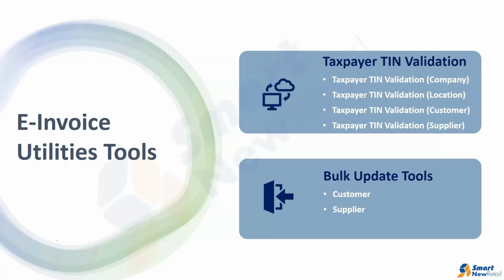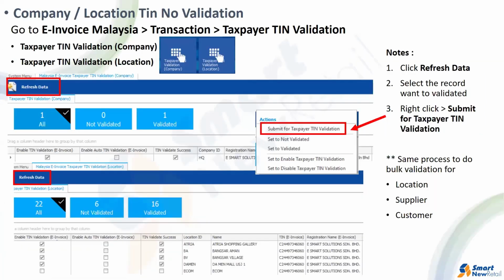All right. Now we have some utility tools that you can use. We have TIN validation and also bulk update tools for customer and supplier. For the TIN number validation, you can access through E-Invoice Malaysia, transaction, and then taxpayer TIN validation. When you're in, you click on refresh data.